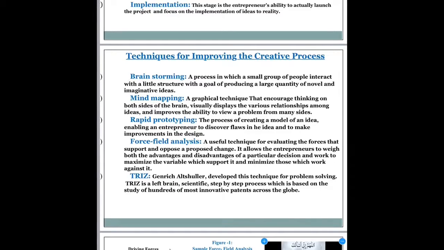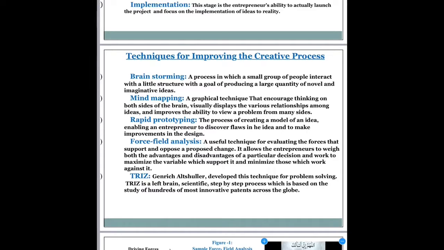Then there is another thing called TRIZ, T-R-I-Z, TRIZ. This technique was developed by a Russian naval officer, Genrich Altshuller. While he was working in the Russian Navy, he came across certain problems and he then developed his technique for problem solving.